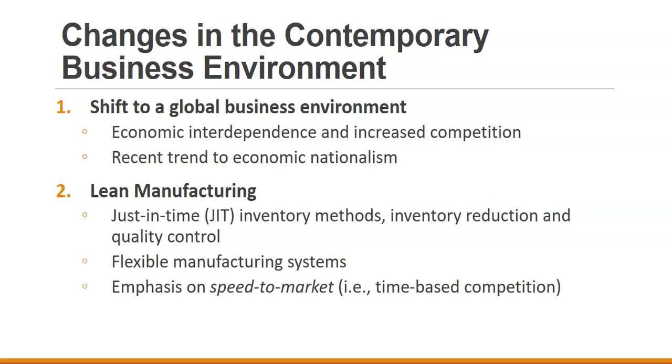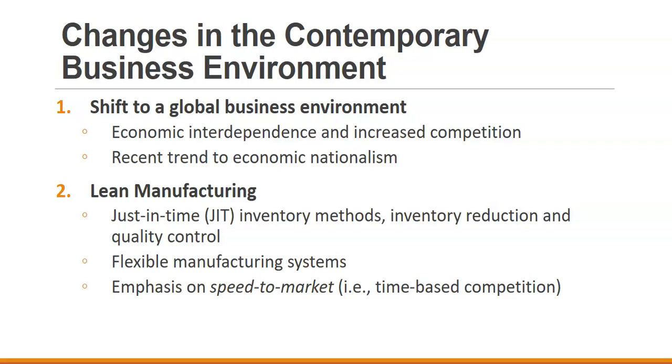Storing inventory costs money. And in today's world, when technology is changing as fast as it is, inventory can become obsolete depending on what it is and how it's designed. So we don't want to have a bunch of inventory sitting in a warehouse not making us any money.